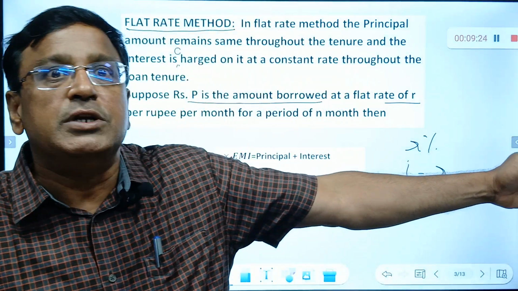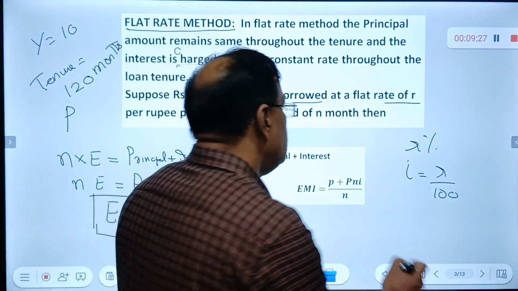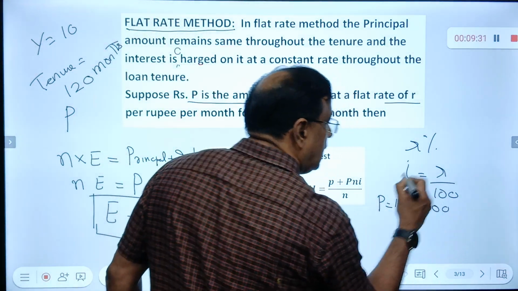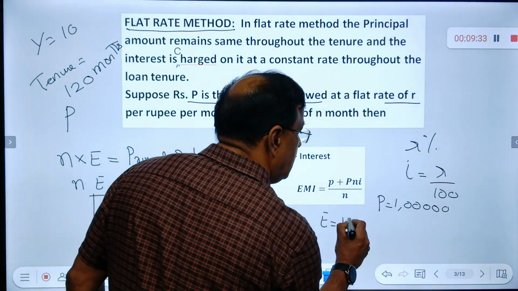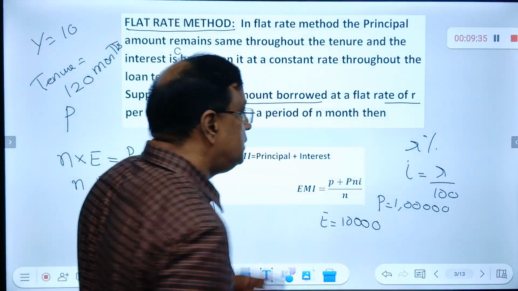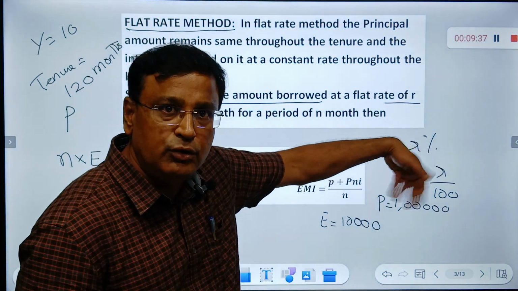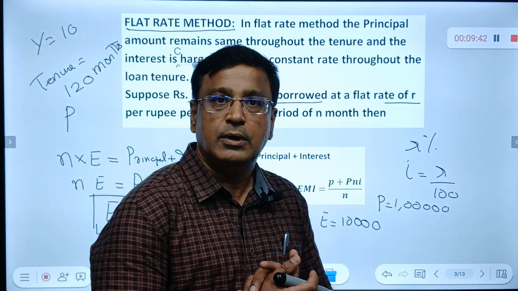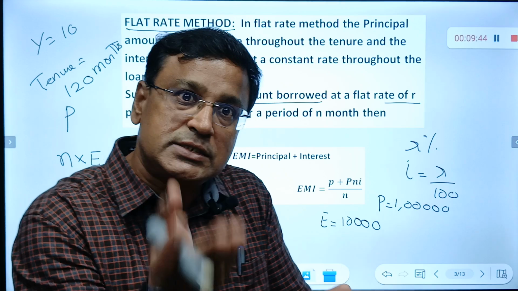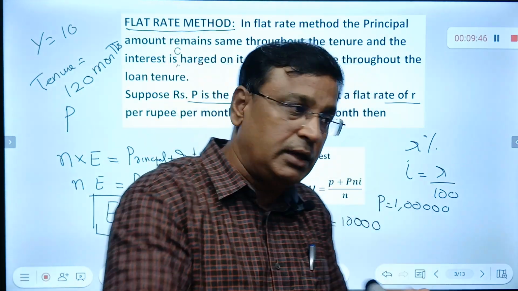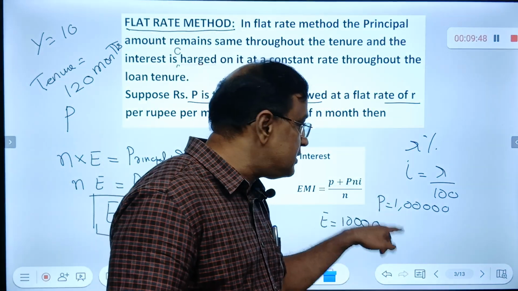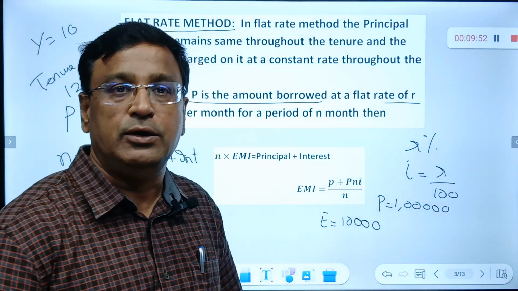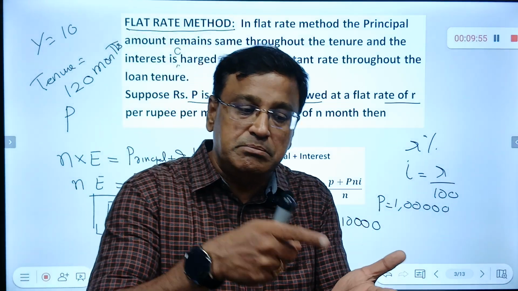That will become my principal for the next month. Suppose my principal is say 1 lakh and my EMI is say 10,000. Then my new principal should be 1 lakh minus 10,000. And for the subsequent month, they do not calculate the interest on 1 lakh, they will be calculating on the reduced value. That is why it's called the reducing balance method.